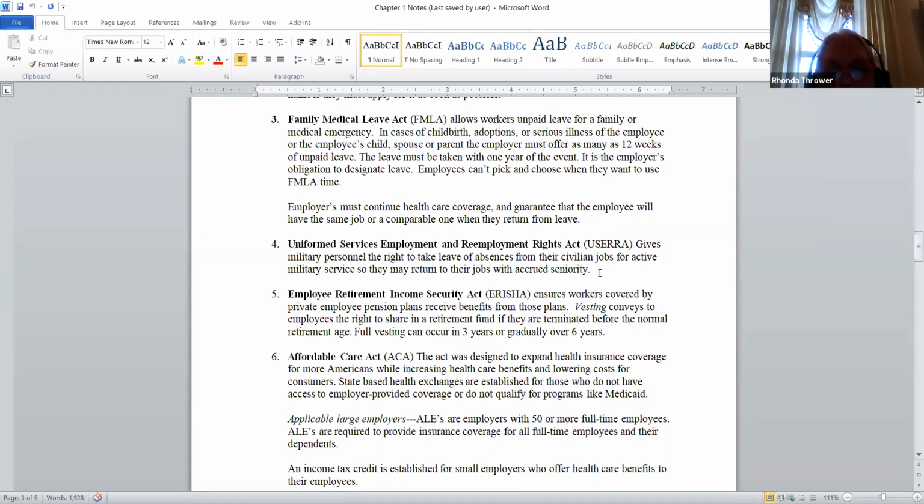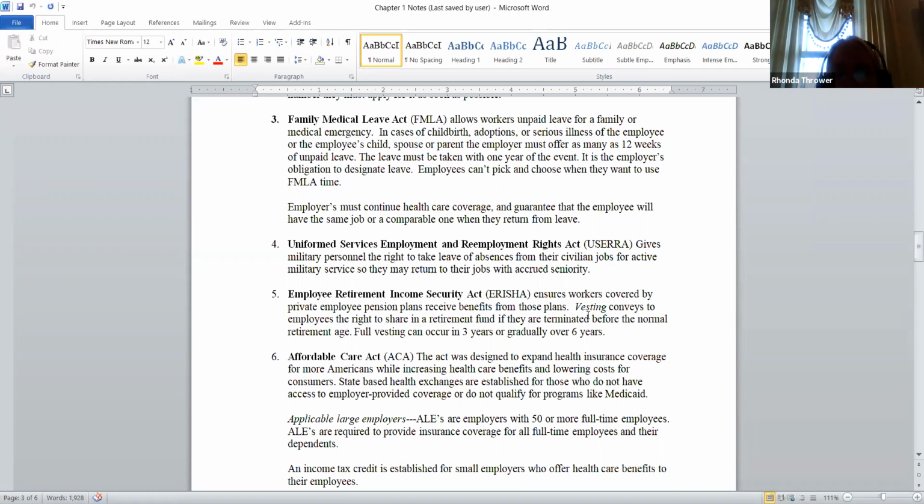There's also an act called the Employee Retirement Income Security Act, and this ensures that workers who are covered by private employee pension plans receive benefits from those plans.